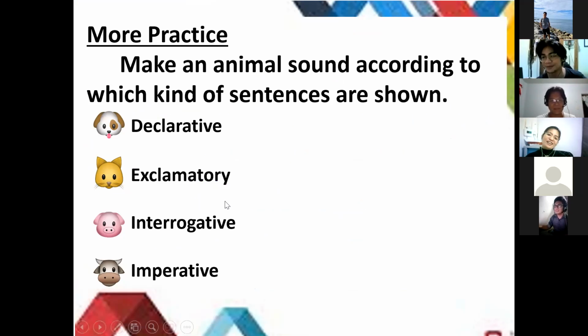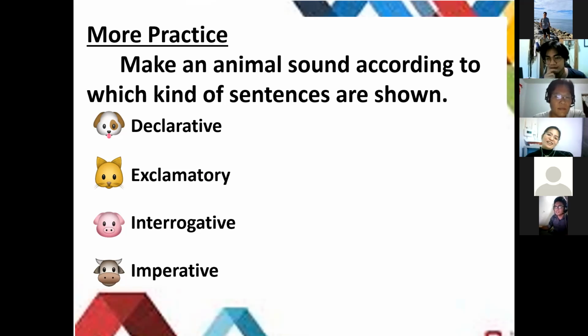Okay, so declarative sentences are merely sentences that declare a statement, and exclamatory sentences are sentences that express excitement or surprise, and they always end with the exclamation point.